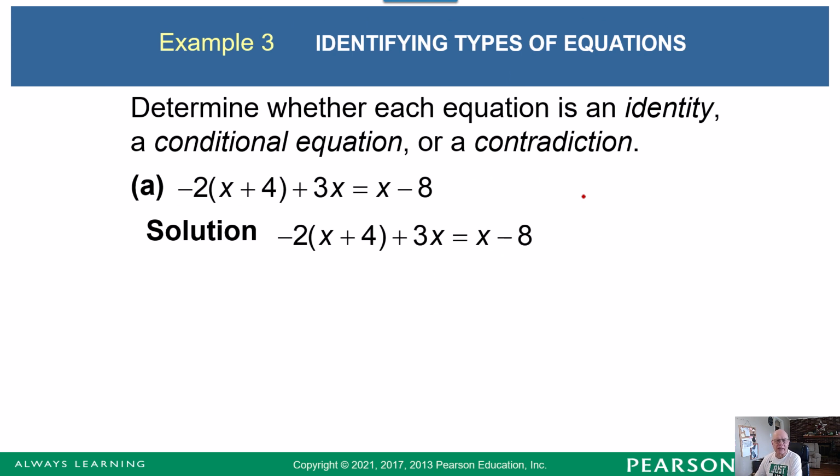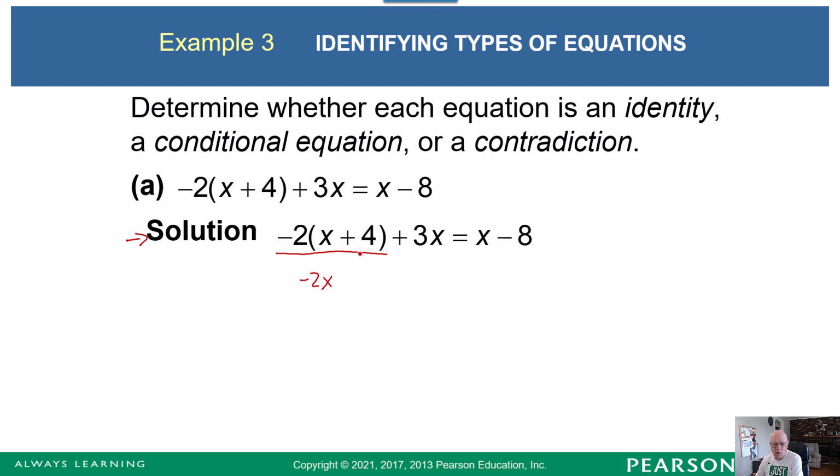So let's take a look at this and see what we've got here. So we've copied the equation that we're interested in. The first thing we need to do is do some simplification. We'll use the distributive property to multiply through this. So negative 2 times x is minus 2x.